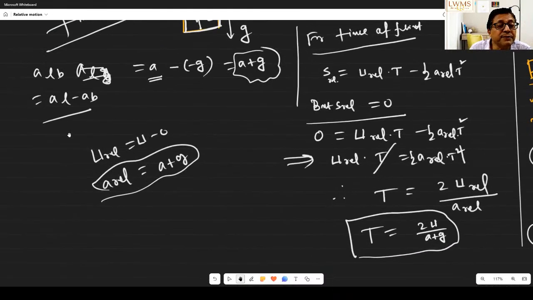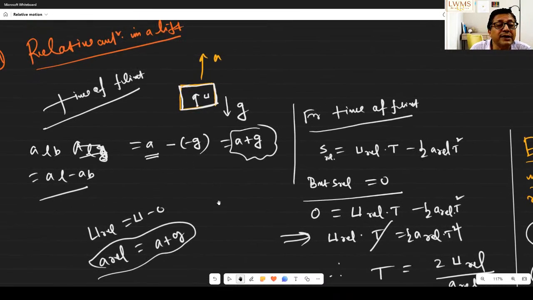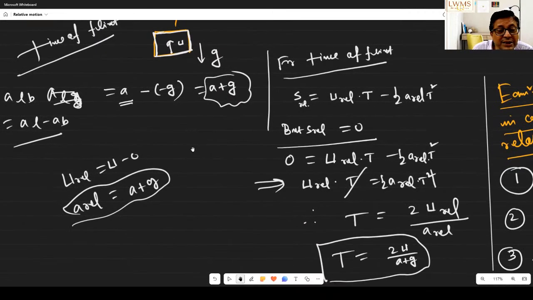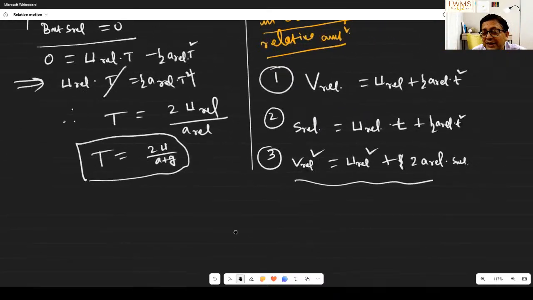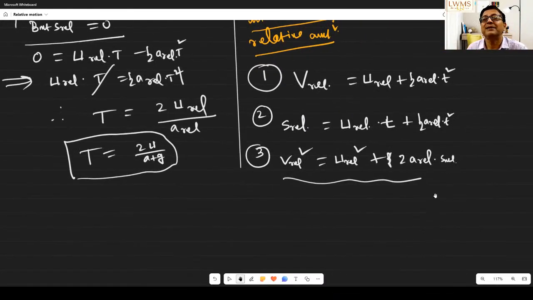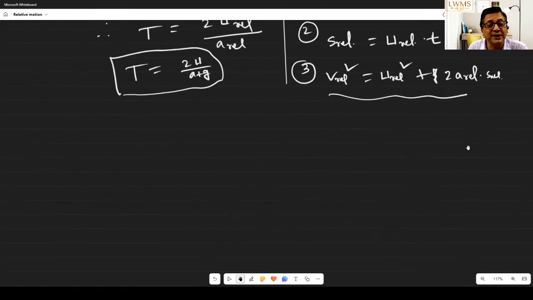Can you find, in the lift problem, the maximum height above the floor of the lift? Relatively you are doing, so there will be no confusion. With respect to the floor of the lift, what is the relative height? That is S relative, which we will find.